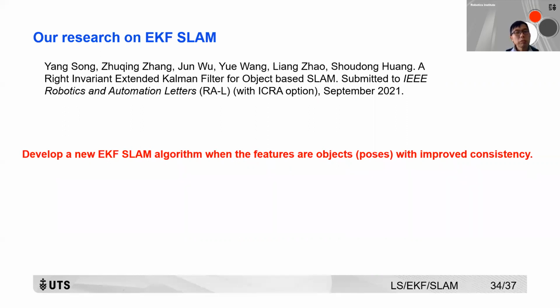And we formulate this SLAM problem, again using invariant EKF, linearize it on the Lie group structure, and we demonstrate it can produce much better results than the traditional way of doing EKF for this kind of object-based SLAM problem. So we just completed this work and submitted it to this year's conference.